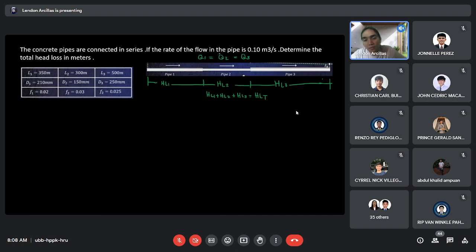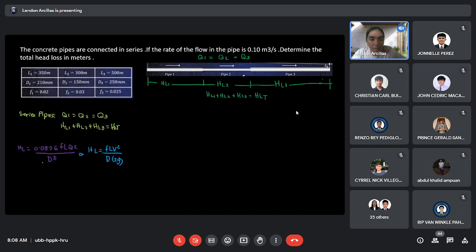So, the same lang yung value ng Q1, Q2, and Q3. So, again, ano yung pinaka-common na formula ng head loss? That is the Darcy-Weisbach. Ito yung formula na gagamitin natin since we are considering head loss in terms of discharge letter Q. So, ang original, you can use this one, head loss in terms of velocity. But ang given kasi natin is head loss and discharge. So, we can use this one. And since this is SI unit, so ito yung gagamitin natin.